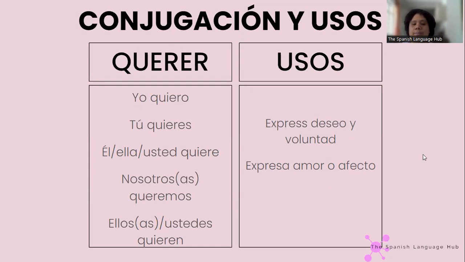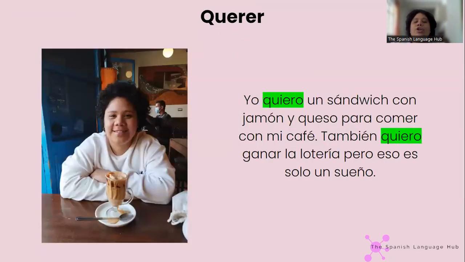You see the difference. Yo quiero un sándwich con jamón y queso para comer con mi café. También quiero ganar la lotería, pero eso es solo un sueño. I want a sandwich with ham and cheese to eat with my coffee. And I also want to win the lottery, but that's just a dream.